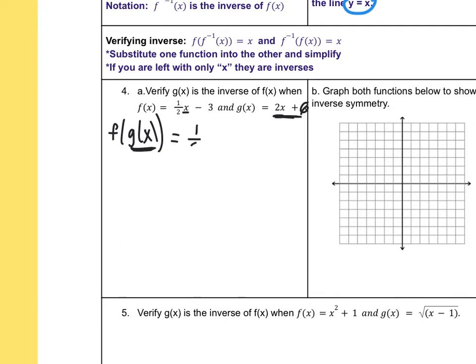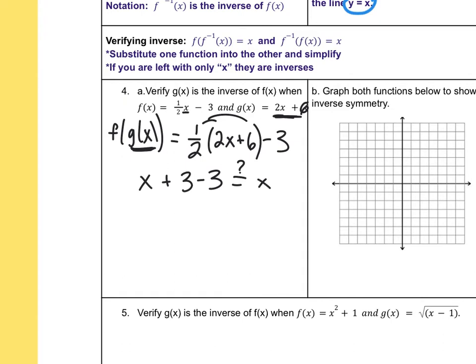So I get 1/2 times 2x plus 6, minus 3. Go ahead and simplify. 1/2 times 2x is just x. 1/2 times 6 is plus 3, minus 3. Does that equal x? Yes, these 3's cancel, right? x does equal x, so therefore that does check out.